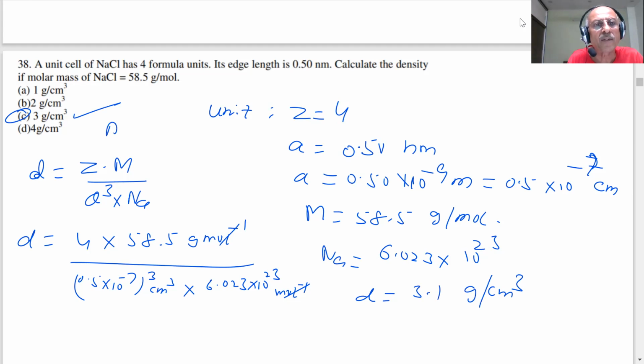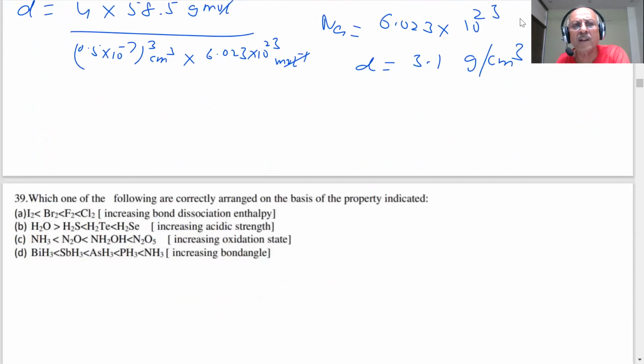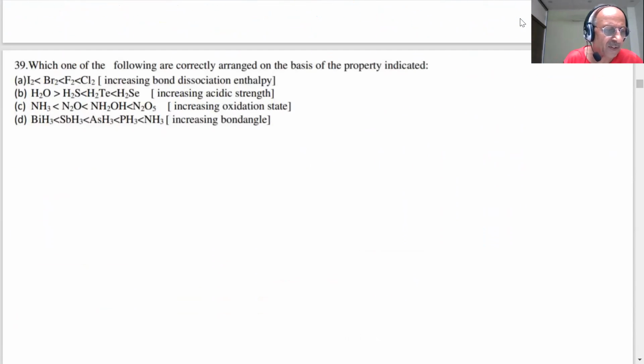Therefore, the correct answer is C, students. In this case, you have to apply the direct formula for the density. Nothing else is involved. Such questions come where if you know the direct formula, you can use it. No problems in such cases.